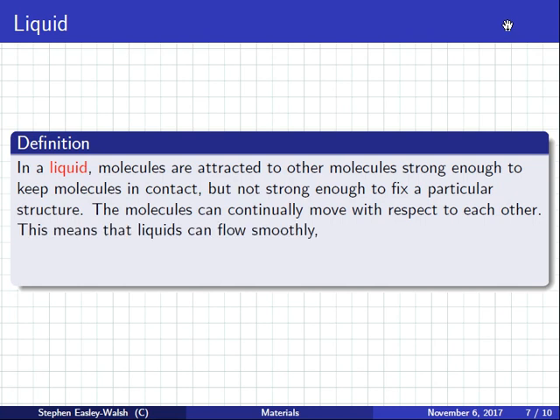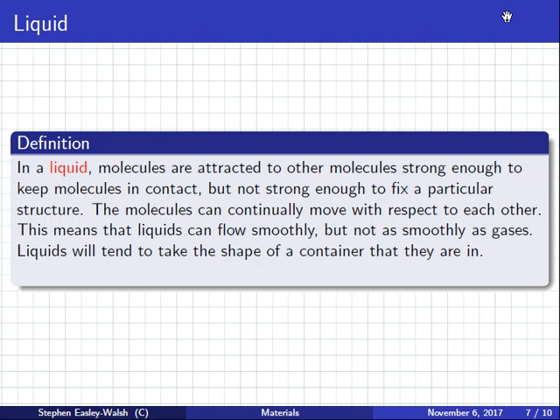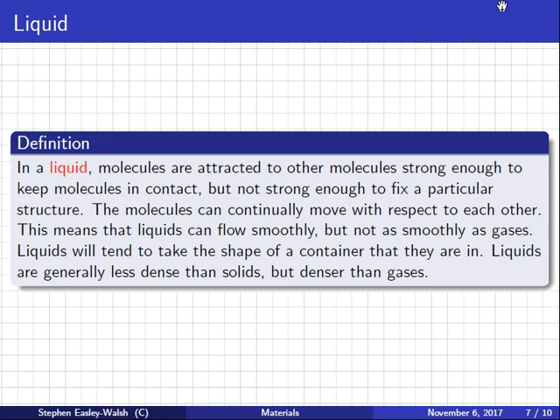Molecules can continue to move, so the liquid can flow, but not as smoothly as a gas. Liquids take the shape of the container they're in. You pour a liquid into a container and it takes the shape of it. Liquids are generally less dense than solids, but denser than gases.